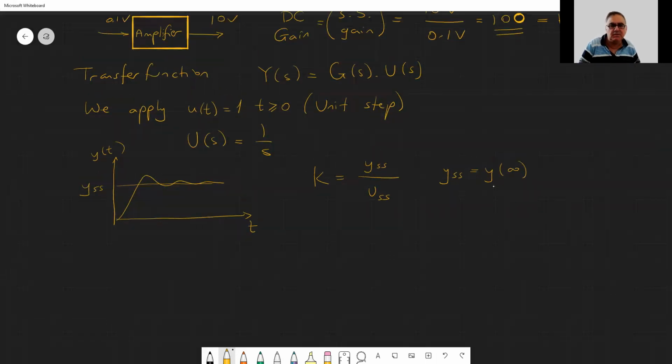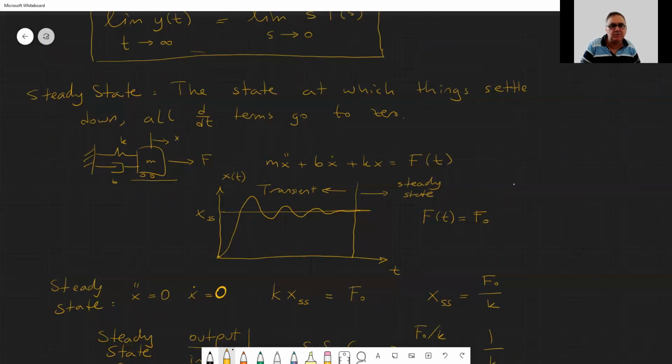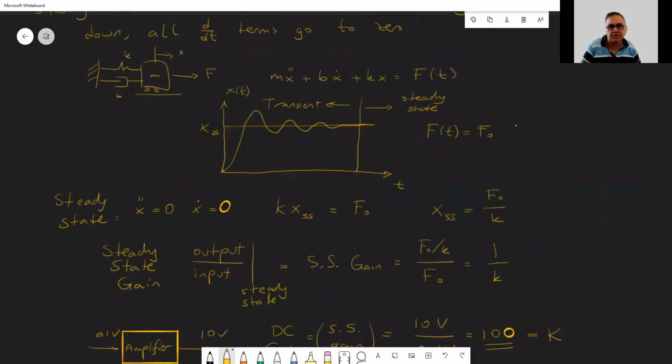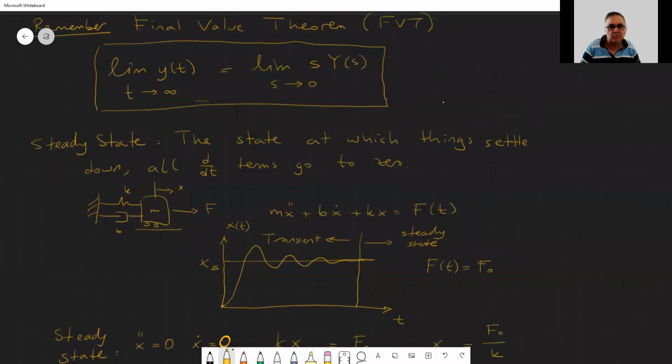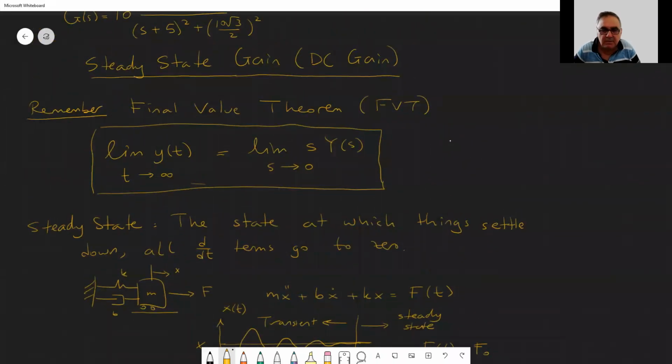By the way, we will be using the final value theorem.